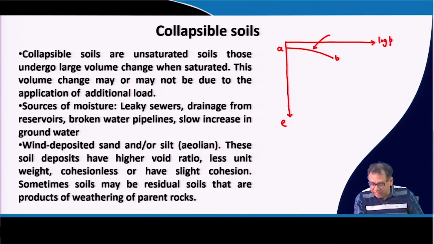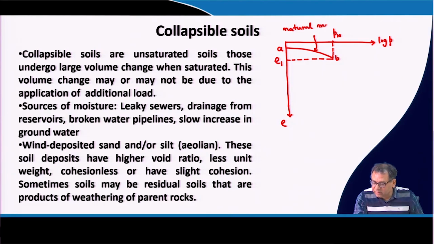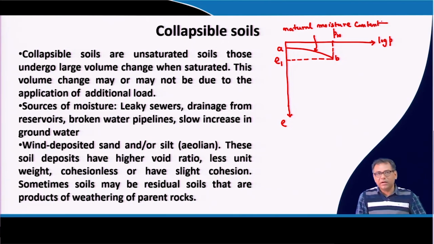So, that means there will be a decrease of the void ratio as we increase the stress. So, this is say e1. At that point we apply the stress Pw. So, this is under natural moisture content conditions.